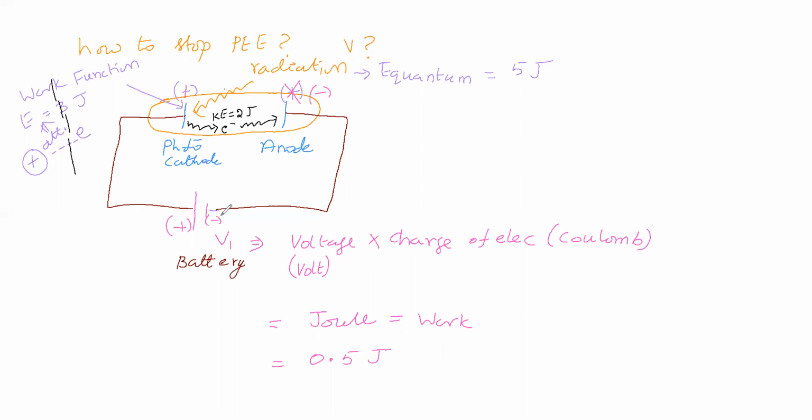Okay. Now we changed the poles of the battery wantedly. We made this anode to have negative charge. We made this photocathode to have positive charge. Due to that, the negative charge of this plate is repelling this electron, so the tendency of the electron going towards the anode decreases.